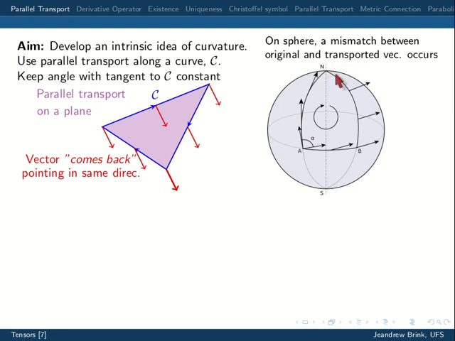Then we transport it along this curve, we keep this angle constant, which is roughly 90 degrees, and then we get down here to B, and then we again transport it back, but we keep the angle with the curve AB constant. We get this vector back, and it is pointing at a completely different angle. And the moment this happens, you know that your space-time is in fact curved.